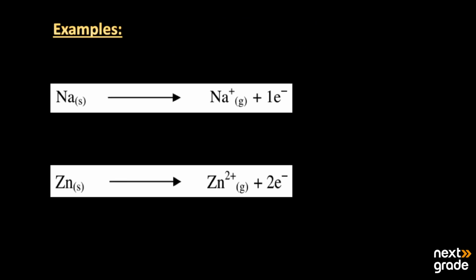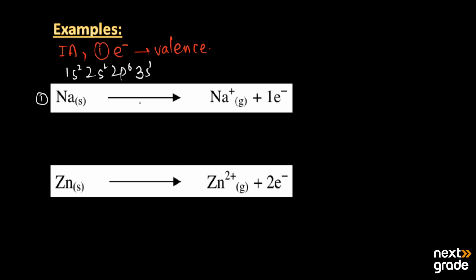Now we have a lot of examples. The first one is sodium. Sodium belongs to group 1A. It contains one electron in its valence shell. As I have already written, its electronic configuration is 1s2, 2s2, 2p6 and 3s1. After the loss of this electron from its valence shell, it changes into a positively charged cation with a positive 1 charge because it loses just one electron.